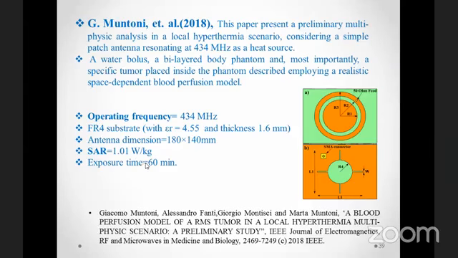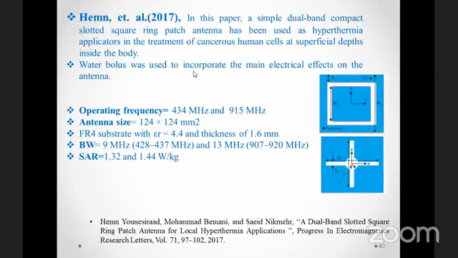The localization of this is very important, and this is done by the Muntoni paper. Then a 2017 paper by him, they have developed another set of antenna systems in which hyperthermia applications at superficial depths within the body are considered.